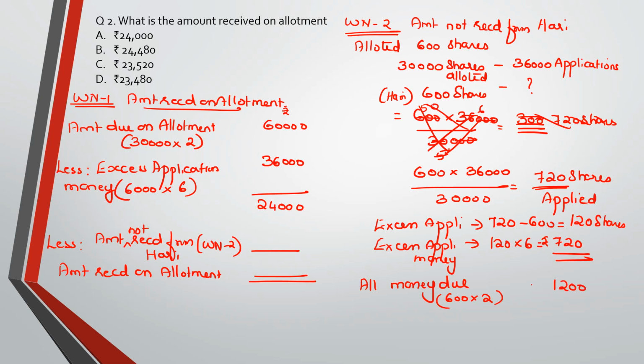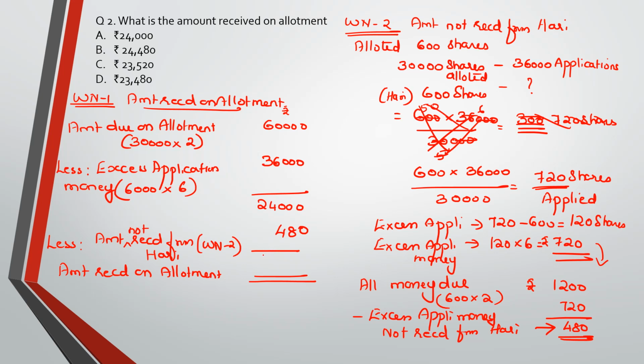Therefore, 1,200 was supposed to be received. But we first adjust the excess application money related to him, this 720. So actually he was supposed to pay only 480. Therefore, this is the amount not received from Hari at the time of allotment, so we would write here 480. Therefore, you would get the amount here 23,520. So, this is the amount which was actually received by the company at the allotment stage.